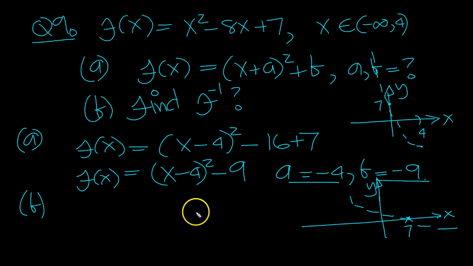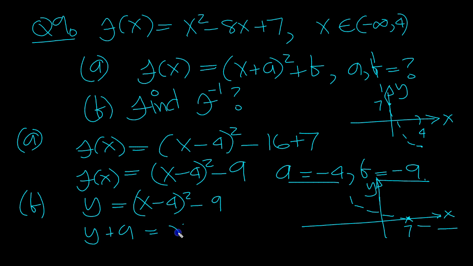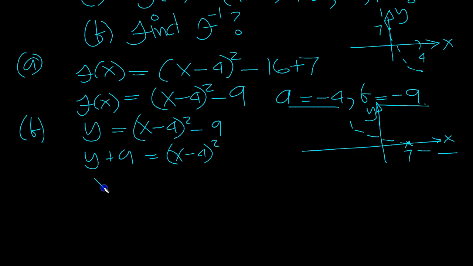So let's have a look at the inverse function then. So y is equal to x minus 4 squared then, minus 9. So y plus 9 is equal to x minus 4 squared. Square root both sides. So x minus 4 is equal to the plus or minus square root of y plus 9.